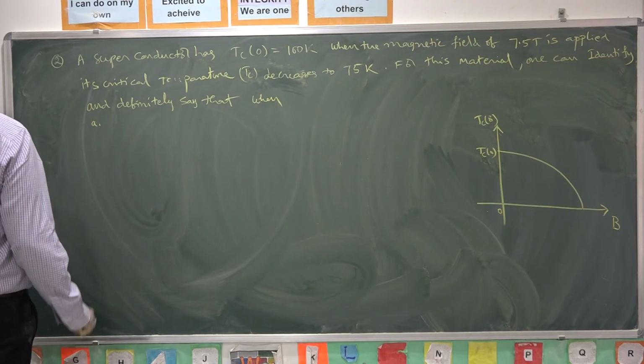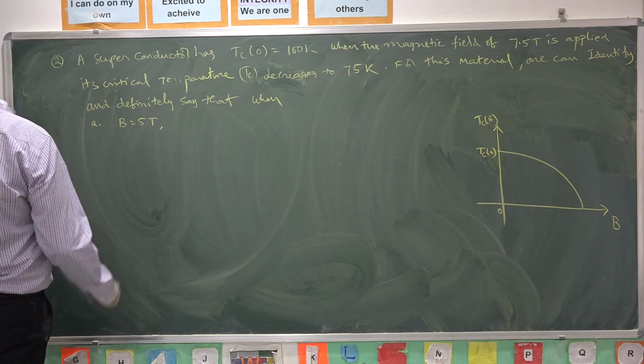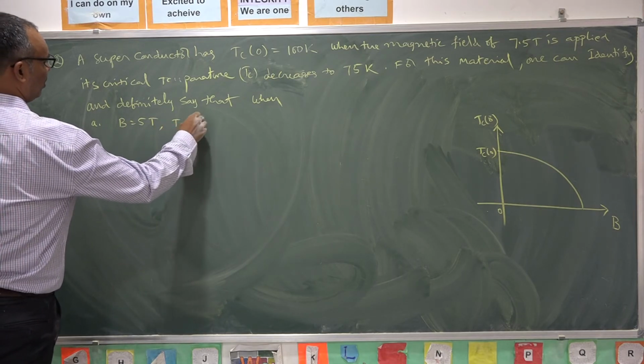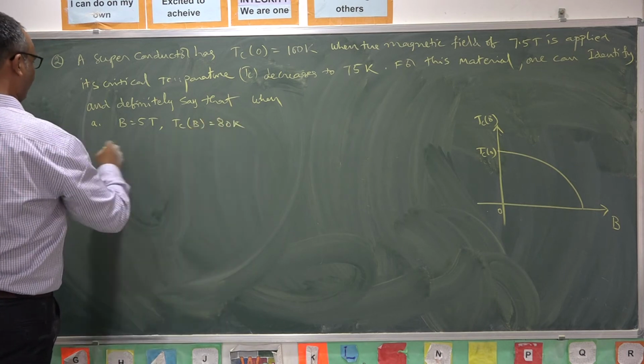Option A, B is equal to 5 Tesla, TCB is equal to 80 Kelvin.